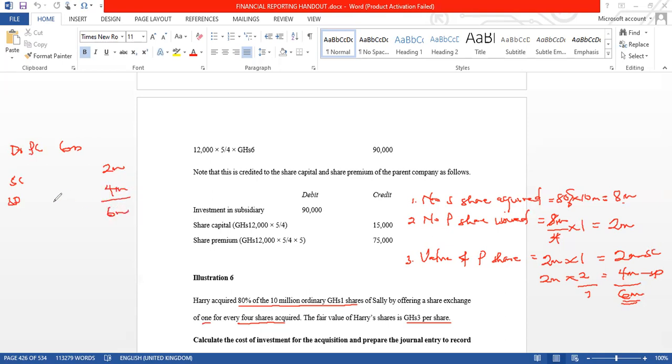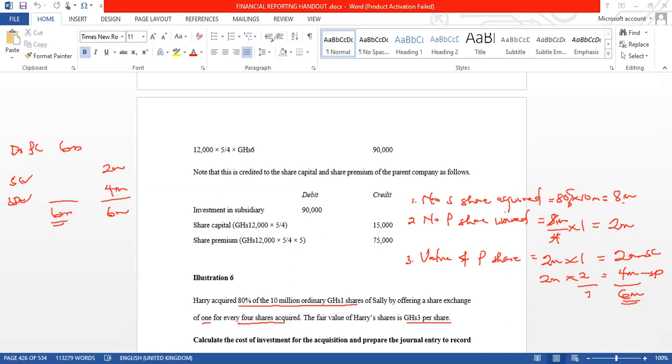That is how we balance it. Know that this one will go to the equity side in the SOFP. It's not difficult. You'll keep practicing. You see that it's not really difficult. All right, so that is that.